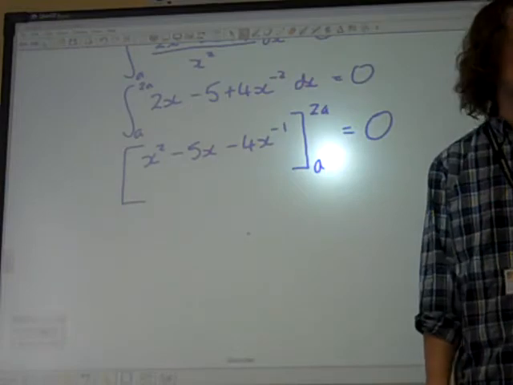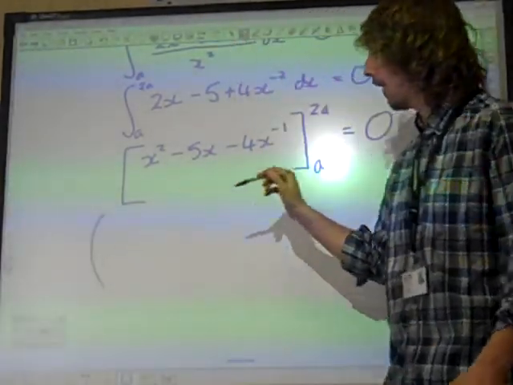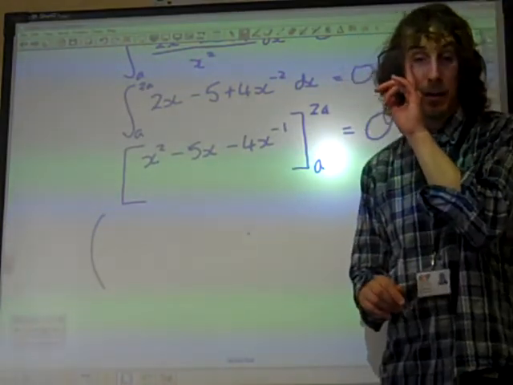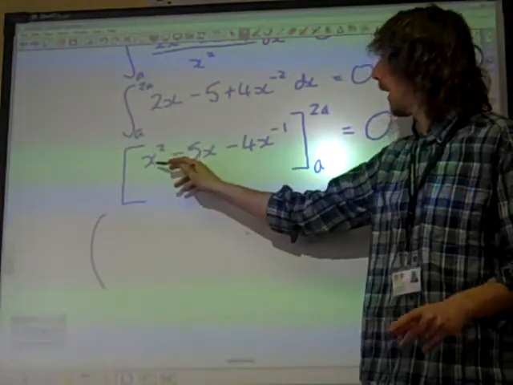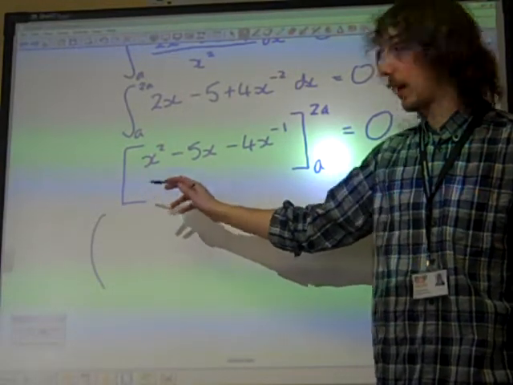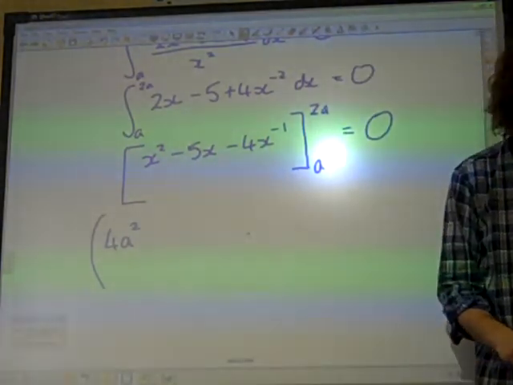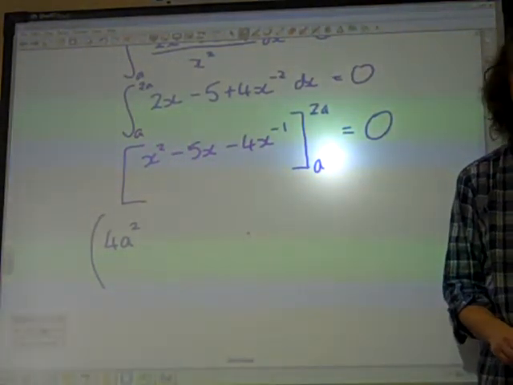Now we can sub in those limits. We'll put the top one in first, we'll put the 2a in first. Now again, really, really careful about squaring this. 2a, when we square it, is 4a squared. This was a mistake that a few of you made, that you squared 2a and you got 2a squared.